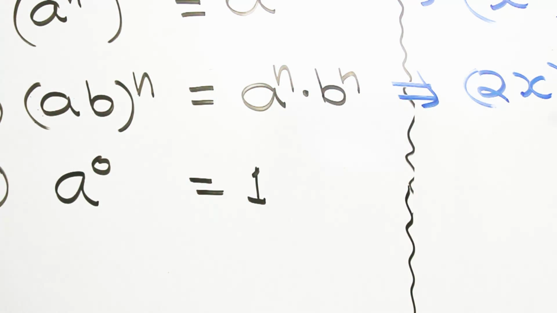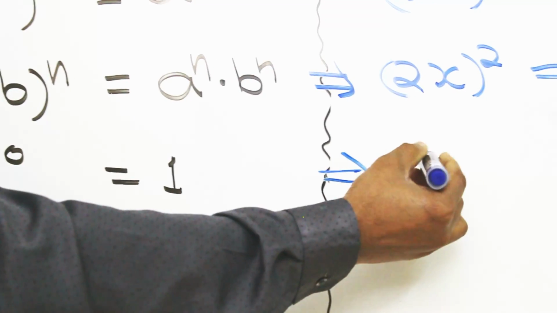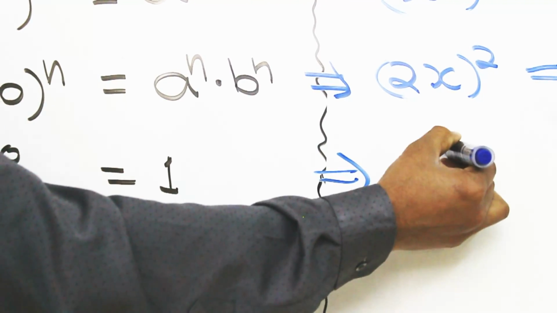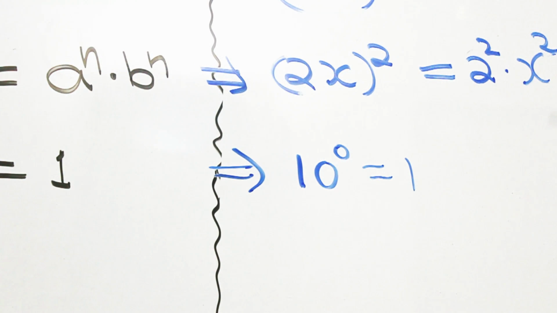The corresponding example is 10 power 0 is equal to 1. So at any cost, power 0 means we write 1.